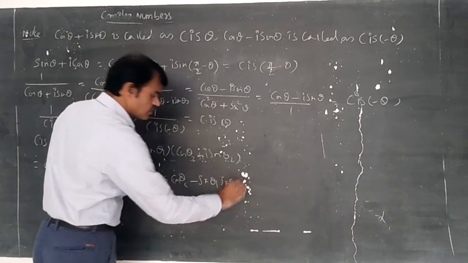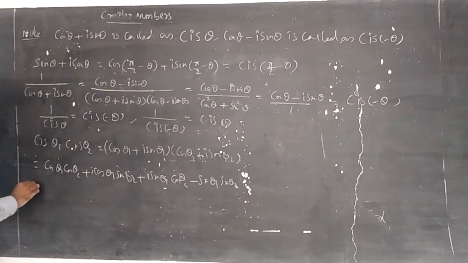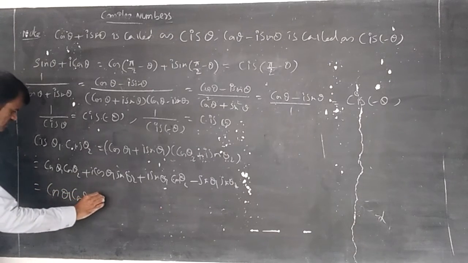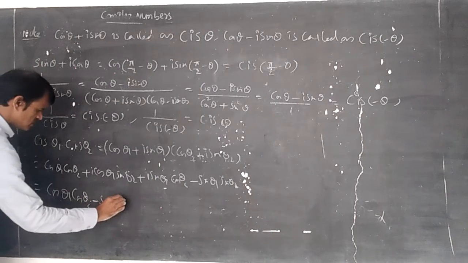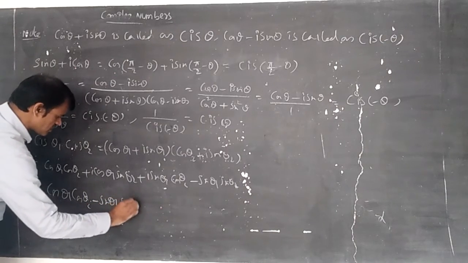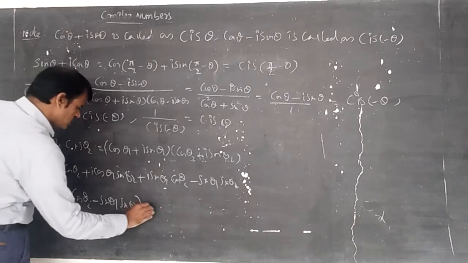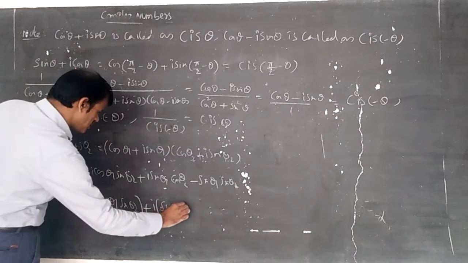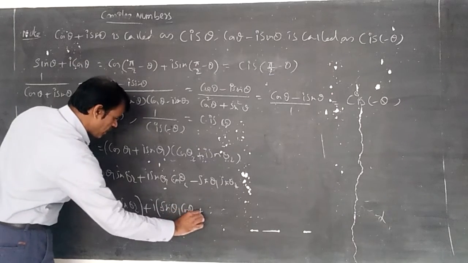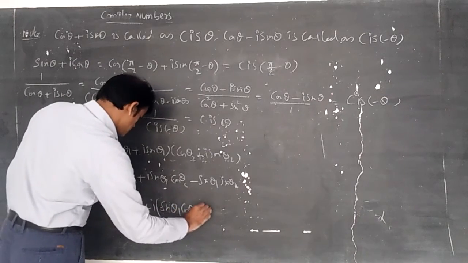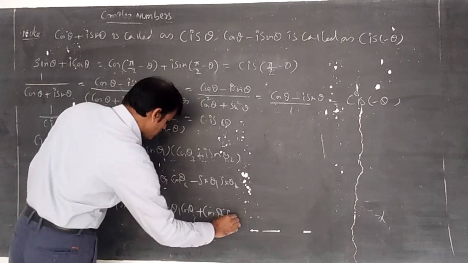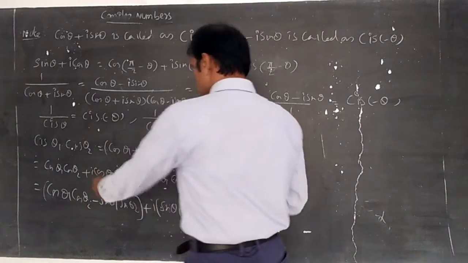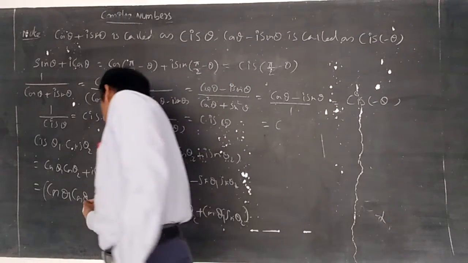That is equal to, you can write this one as (cos theta 1 cos theta 2 minus sin theta 1 sin theta 2) within the brackets, plus i, you take common here, (sin theta 1 cos theta 2 plus cos theta 1 sin theta 2). This is the cos A cos B minus sin A sin B formula.